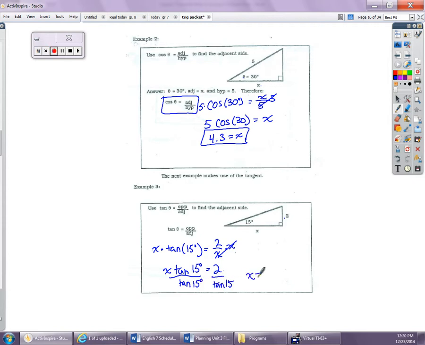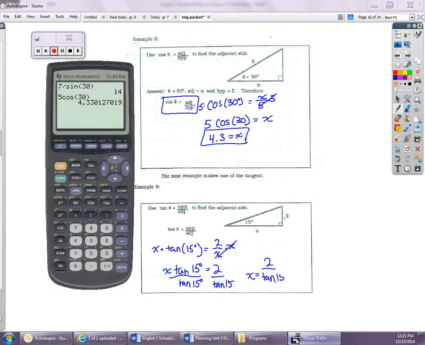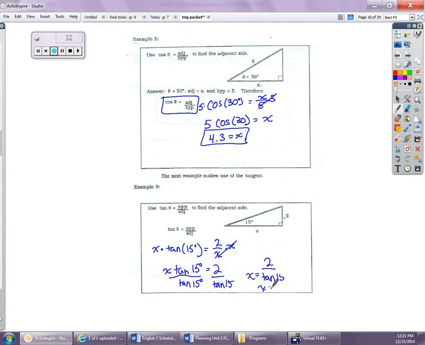So x equals 2 divided by the tangent of 15. Then we go to our trusty calculator and type in 2 divided by the tangent of 15, which gives us 7.46. So x is about 7.46.